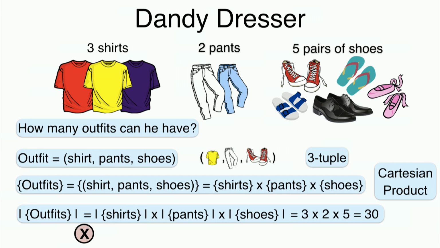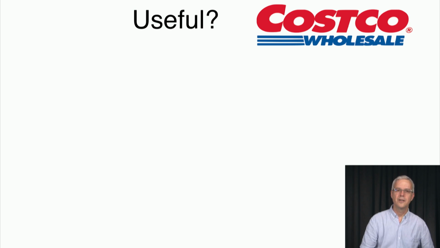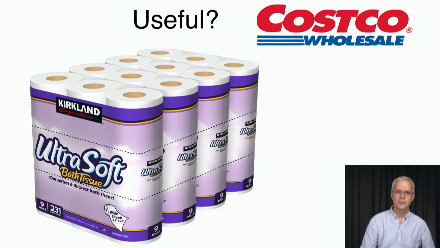And you might think, oh, this is again not very useful, just counting the number of outfits. Maybe the following example will convince you that this is indispensable. Let's say you go to Costco and you want to buy bathroom tissue.